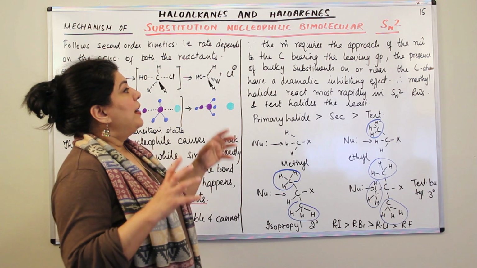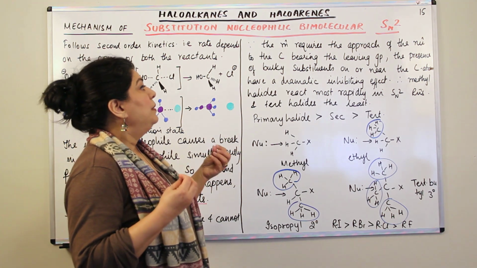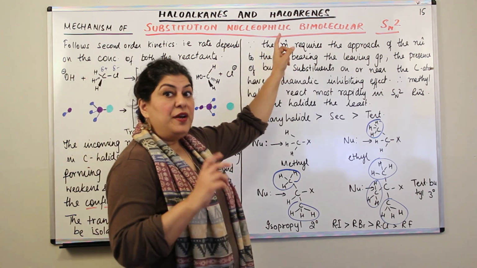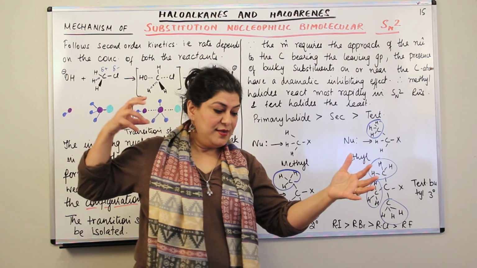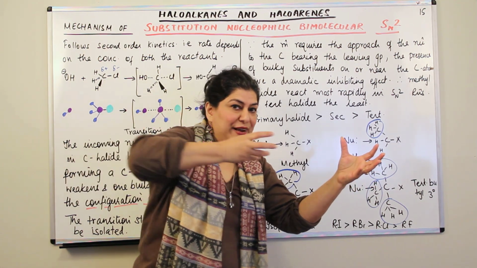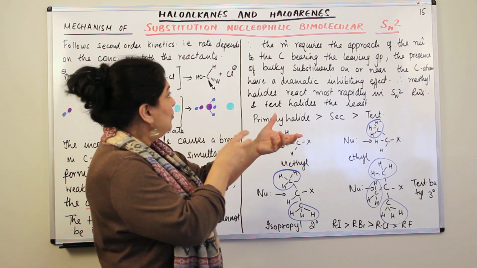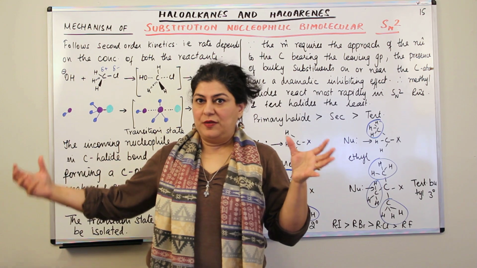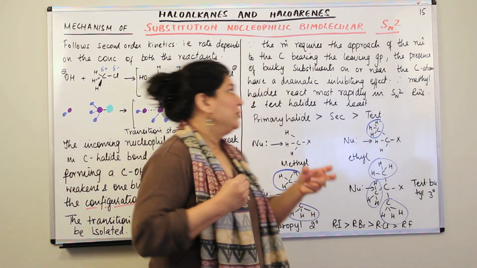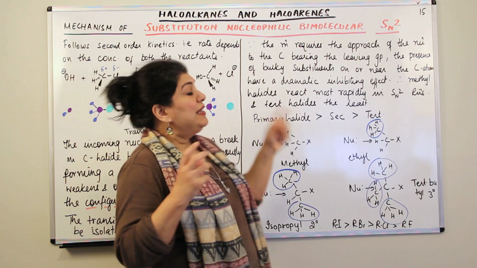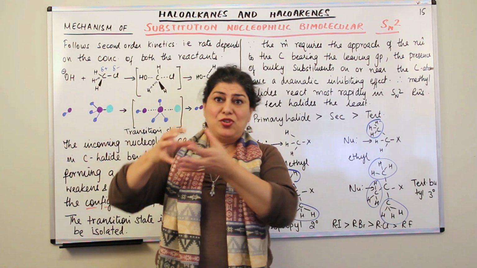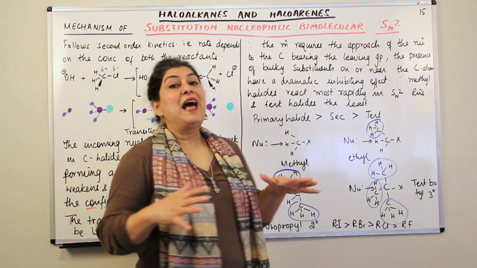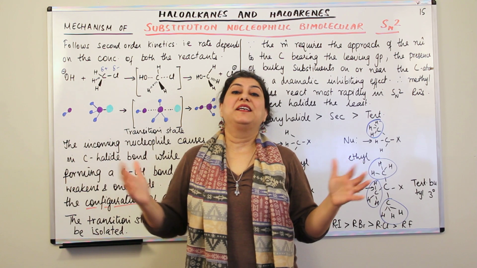Since the reaction requires the approach of the nucleophile to the carbon bearing the leaving group, the presence of huge substituents near this carbon will have a dramatic inhibiting effect.